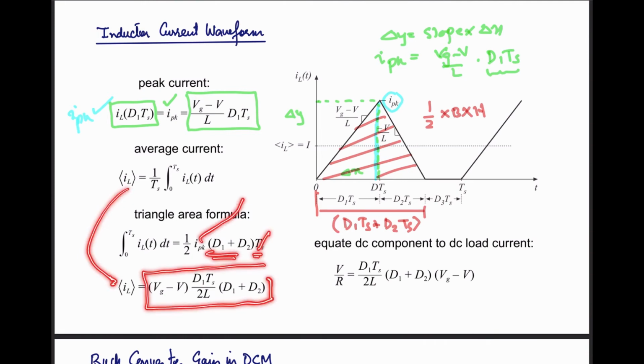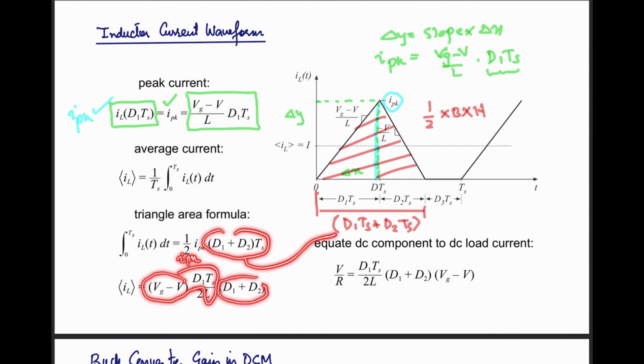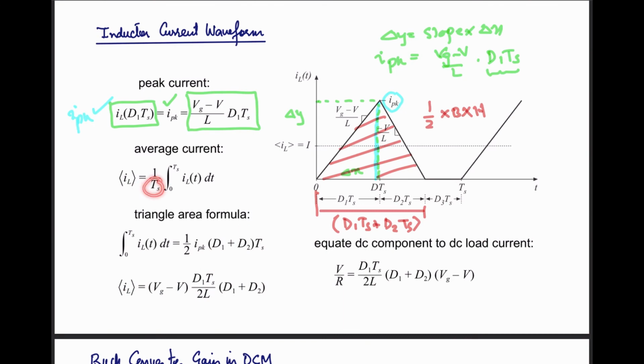IPK has been taken from here, this is (Vg minus V) by L into d1 Ts, so (Vg minus V) d1 Ts by L. This is the value of the peak current, times (d1 plus d2) into Ts from here, and the Ts of this one is cancelled with the Ts that was over here in this expression. So this is the average value of the inductor current, right?